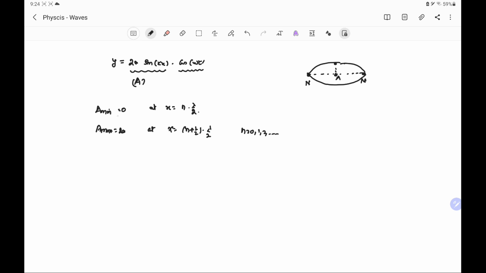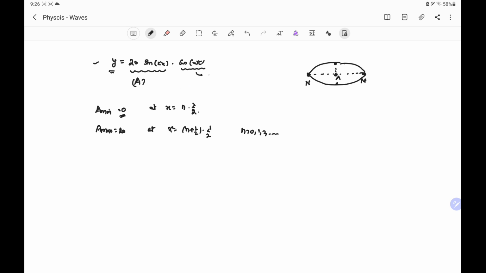So minimum amplitude results at the nodes, where y equal to 0, and at the antinode we have y equal to 2a.